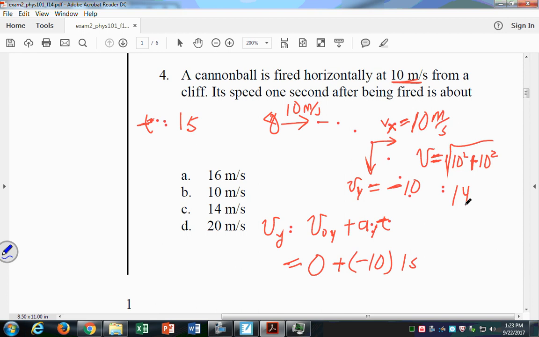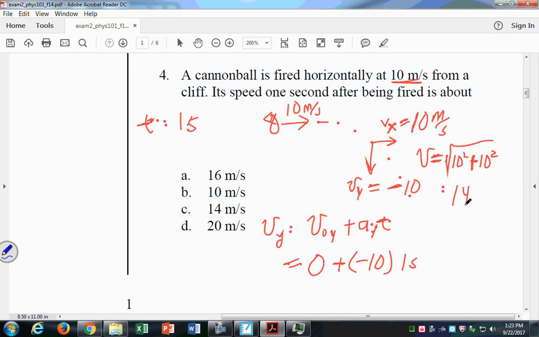Yeah, like when you see 10 meters per second there, right at the top. Oh, so I key this off because it says it's fired horizontally. Right, that's important because that tells me that the velocity is all in the x direction. And so Vy is equal to 0 initially. Just like we had before.